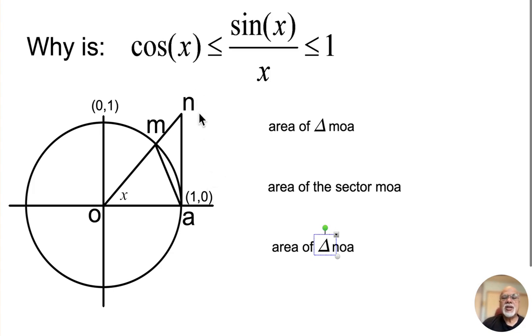First, let's consider the area of, so this is the unit circle, right? The radius is 1. And we want to first look at the area of triangle MOA. Well, before we can do that, we're going to need the height. And the height would be this line right here.